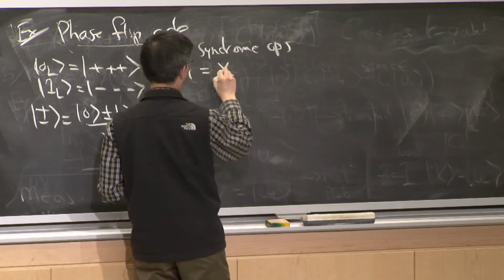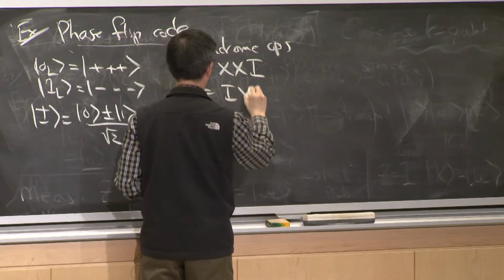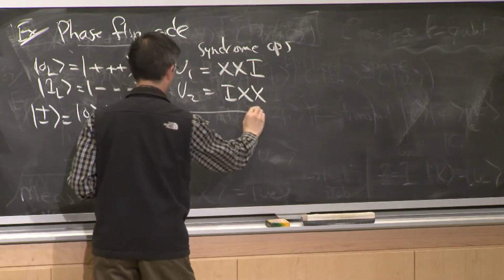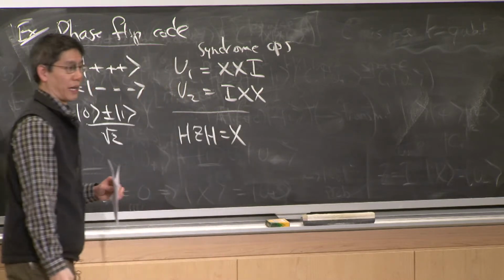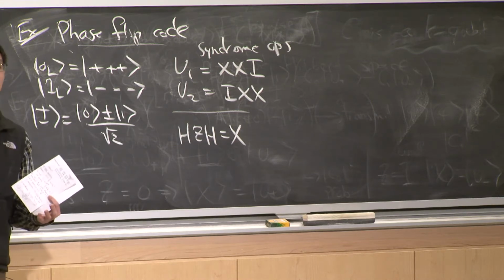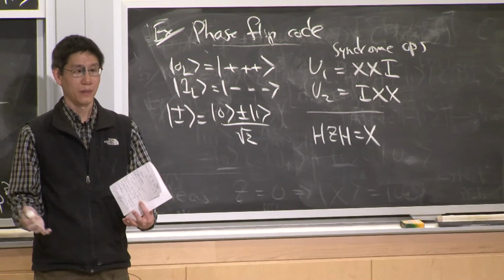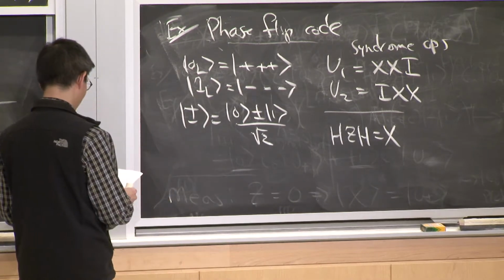So U1 will be XXI, and U2 will be IXX. And this is because HZH is equal to X. And so in the Hadamard basis, we say the syndrome operators become these XXI and IXX. OK, so that was very fast.